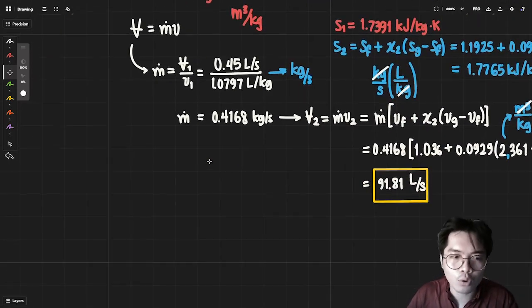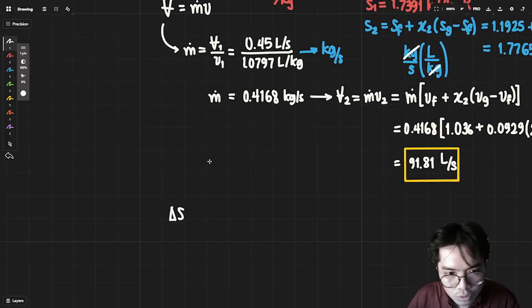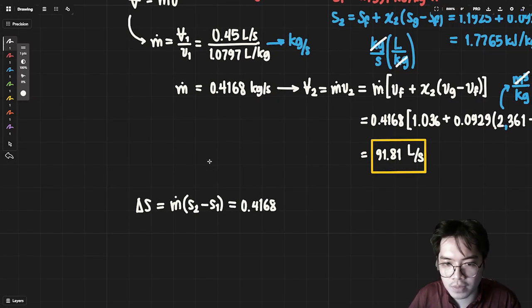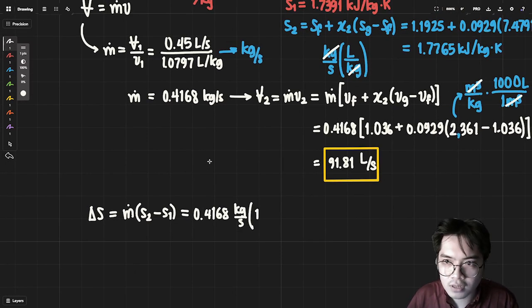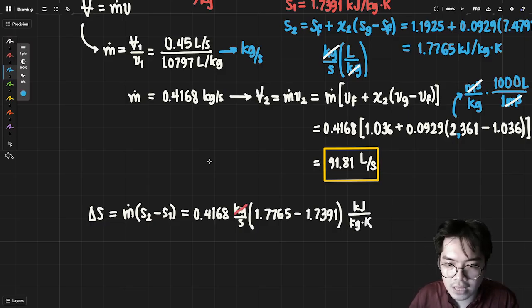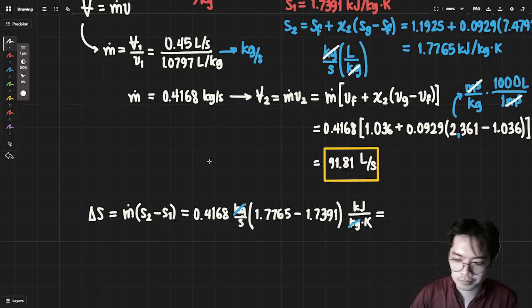The amount of entropy that was produced is just going to be out minus in, S2 minus S1. 0.4168 kilogram per second times 1.7765 minus 1.7391, which is in kilojoule per kilogram Kelvin. We go cancel, cancel.